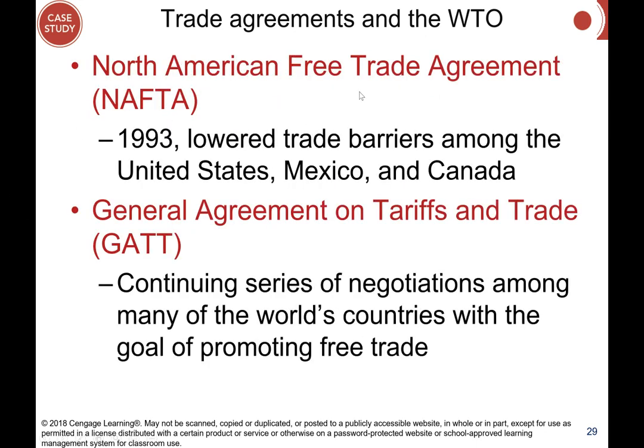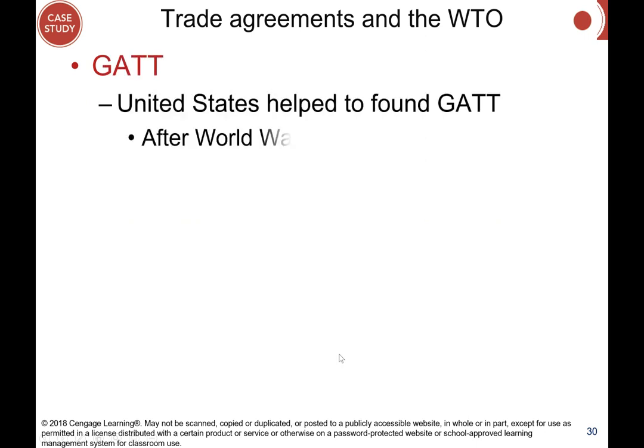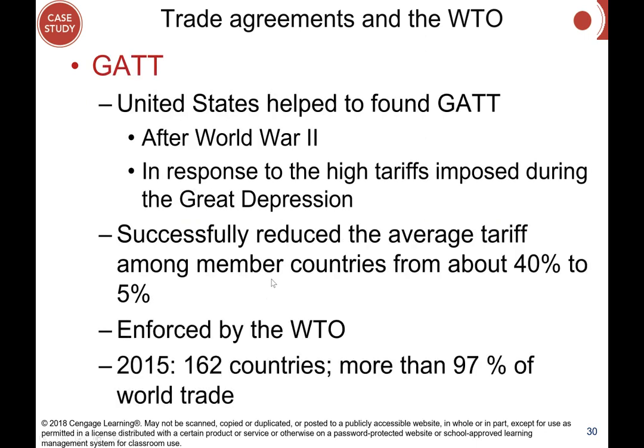The North American Free Trade Agreement, which was signed by President Clinton in 1993, lowered trade barriers among the United States, Mexico, and Canada. GATT, the General Agreement on Tariffs and Trade, is a continuing series of negotiations among the world's countries with the goal of promoting trade. The US helped found GATT after World War II in response to the high tariffs imposed during the Great Depression.